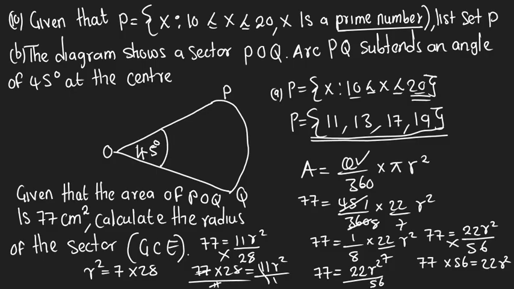Nice. Okay, so help us. What is 7 multiplied by 28? 7 times 8, 28. 196.